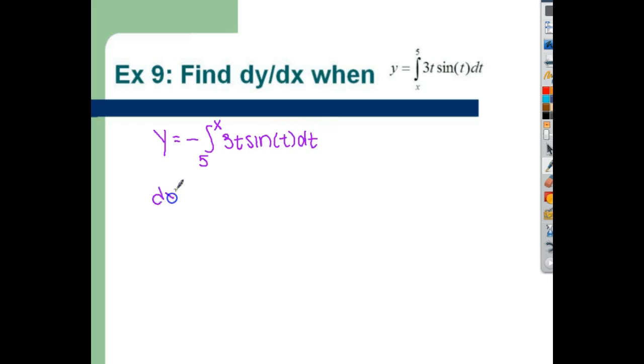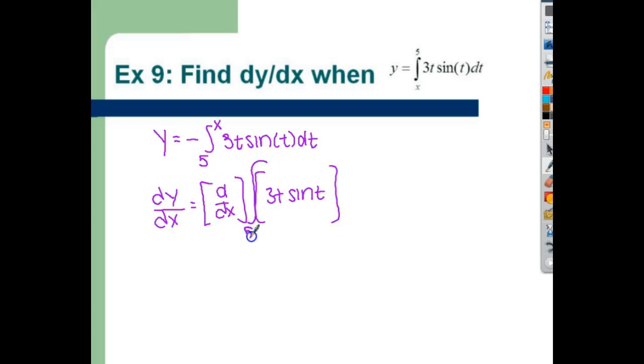So now taking the derivative of that, what's the derivative of your upper bound? 1. So this one's kind of nice, and you just get negative 3x sine x.